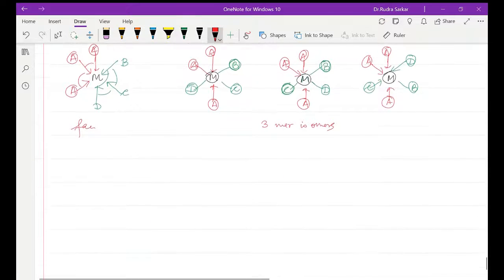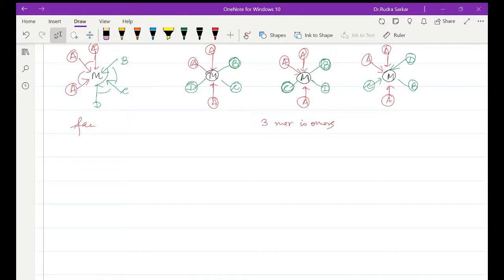In total, there are 4 geometrical isomers possible.